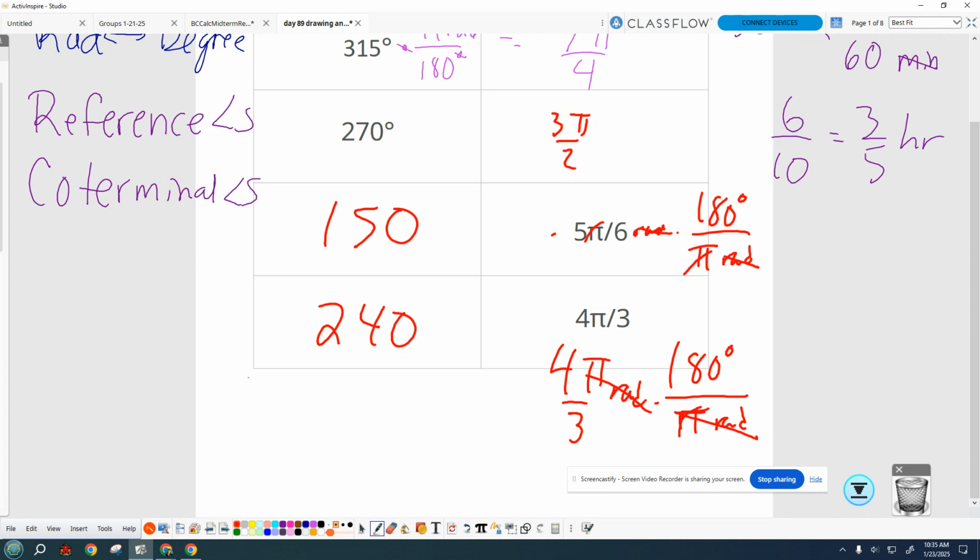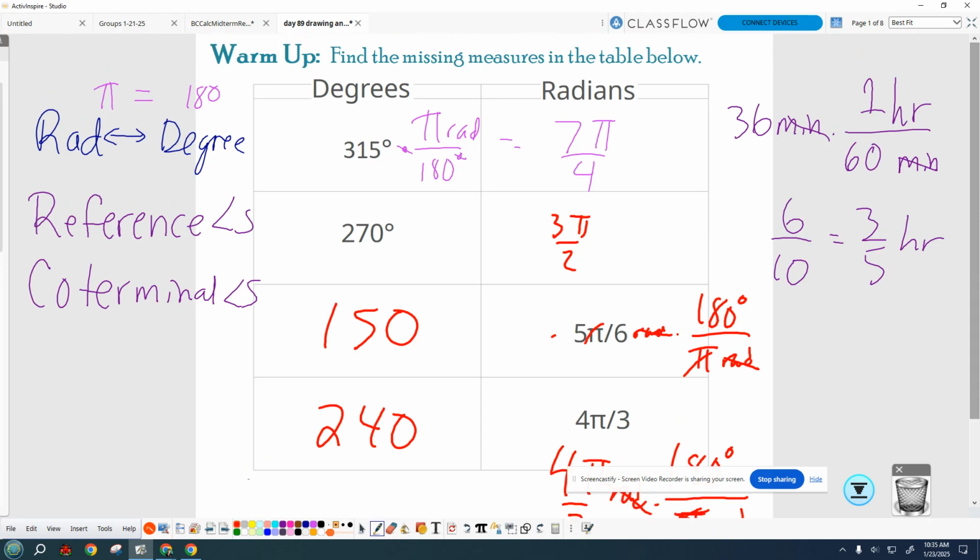Is there any confusion about converting from radians to degrees or degrees to radians? We need to remember the conversion factor. Half a circle, you did a full 180 going from here to there. Half a circle, you went pi. I'm a bit confused. Okay? Do you agree half a circle is half a circle? This has degrees on the top, so I want degrees on the bottom.